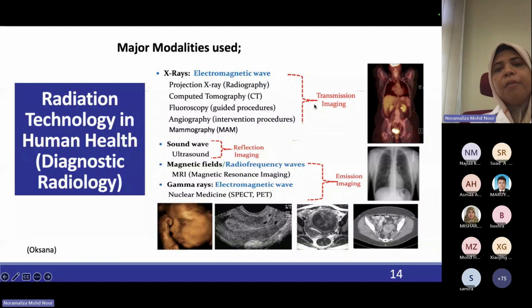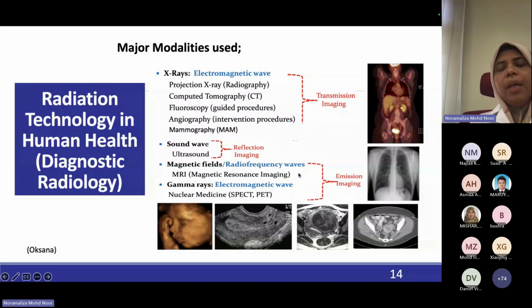For the sound wave, to get the image in ultrasound, we use the sound wave principle, where we get the echo reflected back to the transducer to get the image. That's why they call it reflection imaging. But the sound wave actually falls under non-ionizing radiation, as I mentioned before.